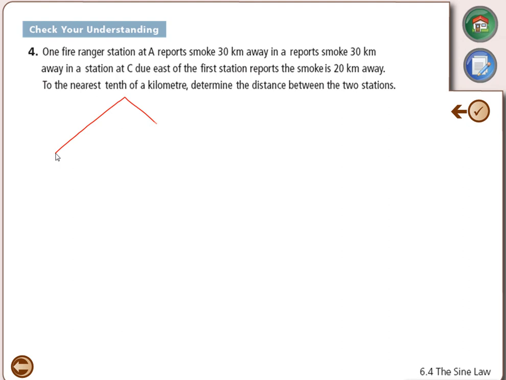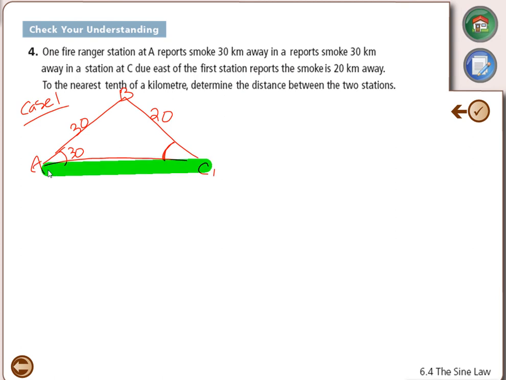All right, so let's start with case 1, the acute angle. Case 1. Let's fill in the numbers again. That's 30, that's 30, that's 20. That was A, B, and C1. We're looking for that distance there. Let's first of all find angle C, then we can find angle B, then we can find the third.